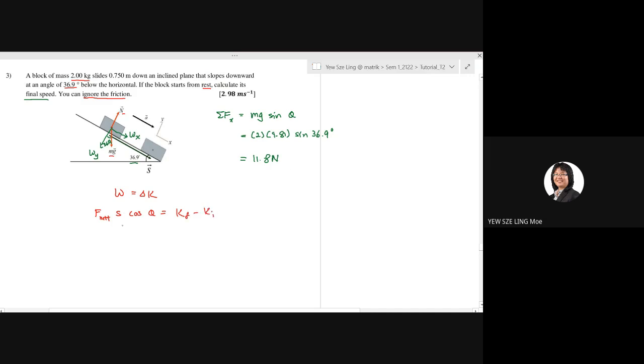So for F net we have 11.8 times S. It tells you it slides down 0.75 meter, that is our S. So 0.75, and cos is usually 0 degrees unless it involves friction, equals 1/2 mv squared minus 1/2 mu squared.